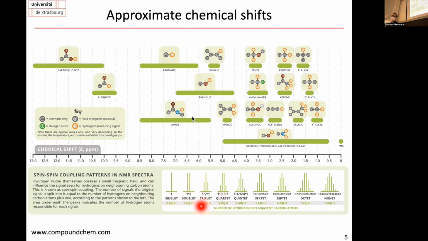Two neighbors, triplet, and so on, quartet. This goes all the way to nonet. But like I said, often when it's not 100% clear what kind of coupling there is, they will just call it multiplet. But you should always try to identify what kind of spin-spin coupling you have.